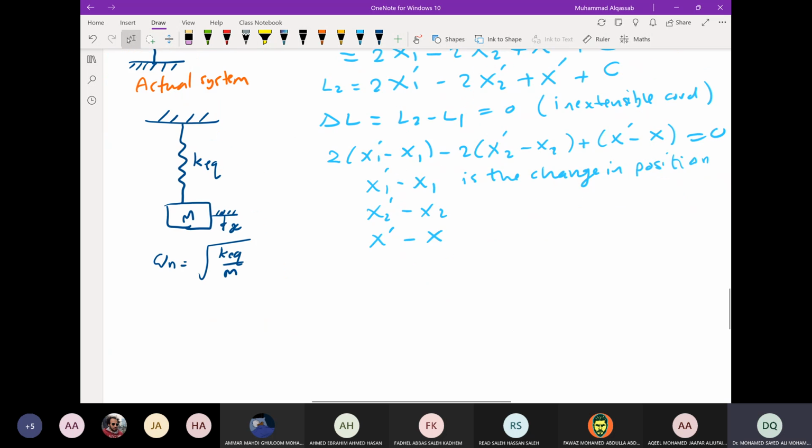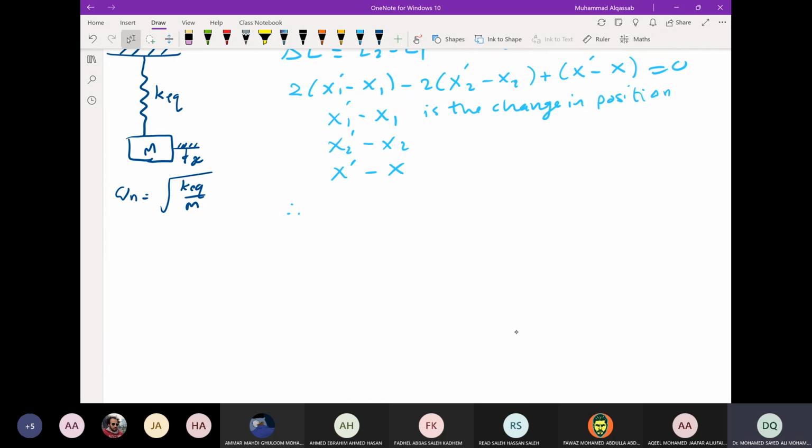So at the end, you will get the equation of 2x1. I'm going to call this x1, with lower cases, x2 and x. So it is 2x1 minus 2x2 plus x equal to 0.